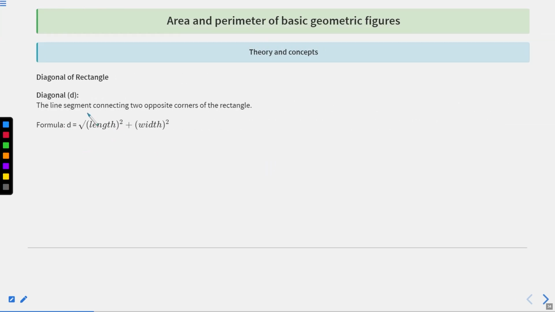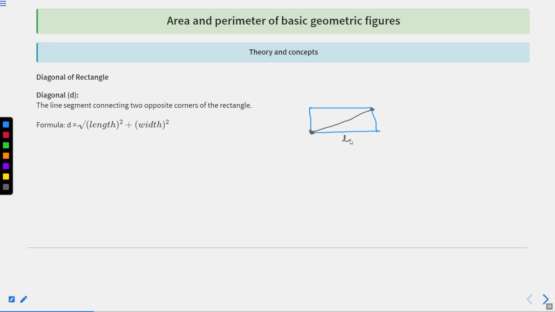Now the diagonal of a rectangle. If this is your rectangle and let me draw the diagonal for you. So this is your diagonal, and if I want to find the length of this diagonal, then we take the root of length square plus width square.